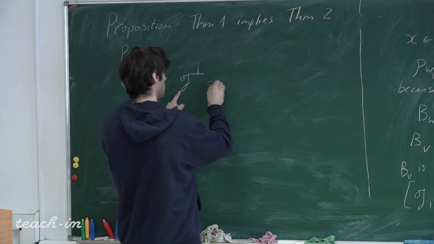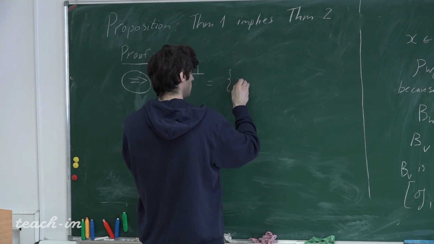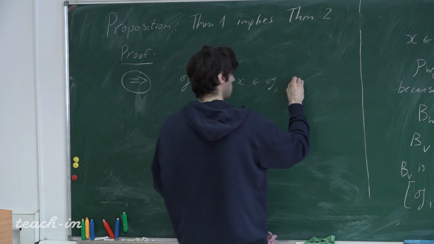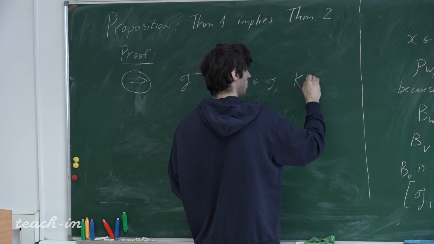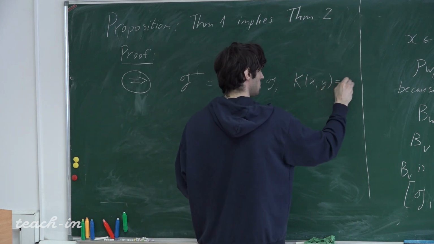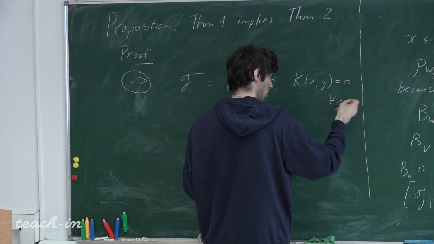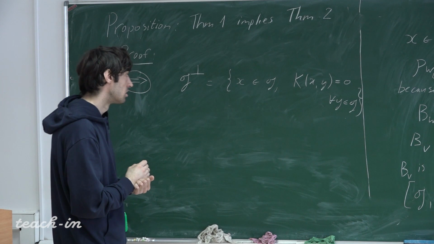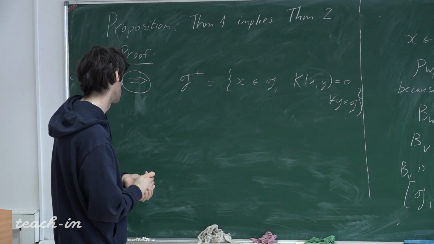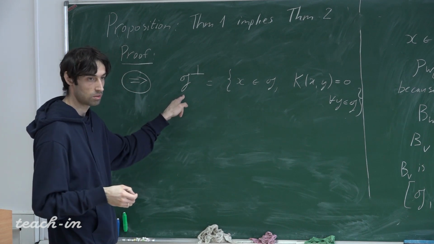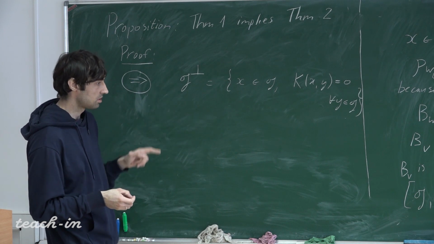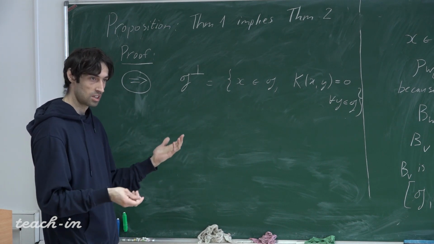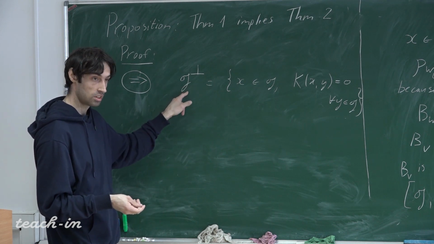So this is all x in G such that K of x and y is 0 for every y in G. So we would like to see that this is 0, right? But G is semisimple, therefore we would like to prove that this is solvable, right?